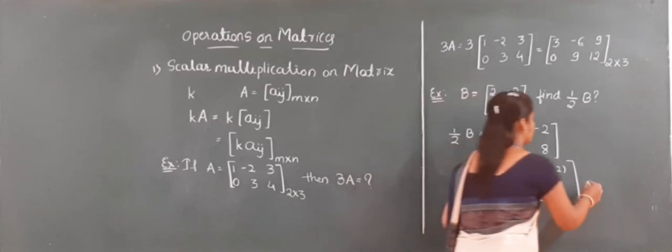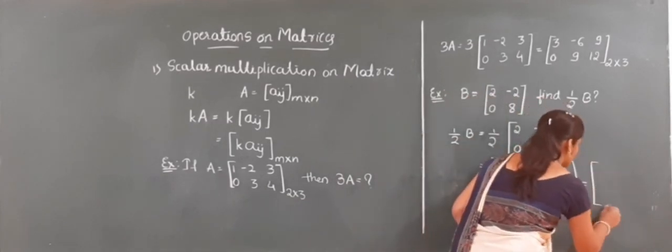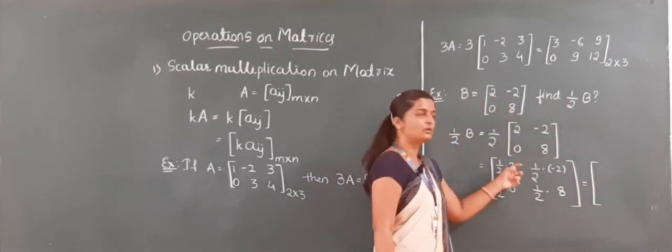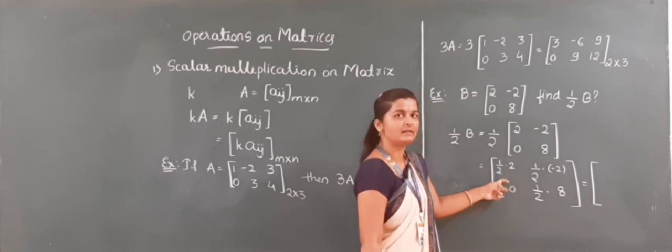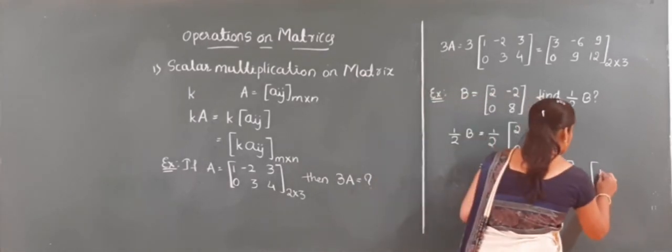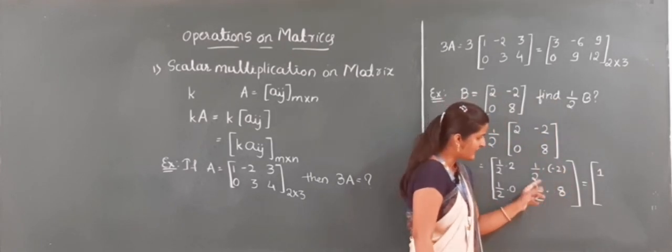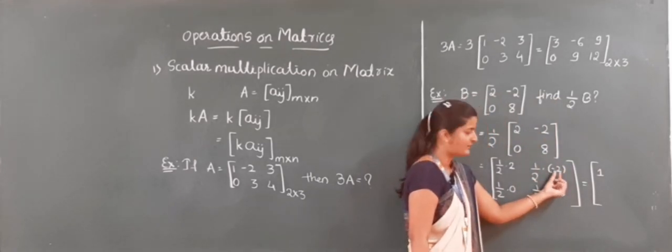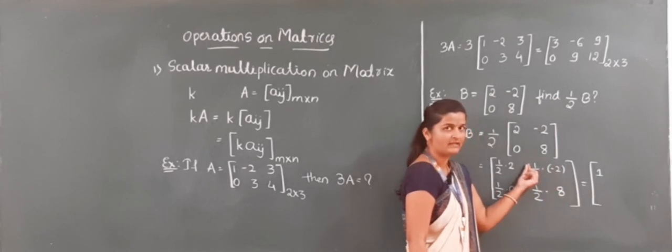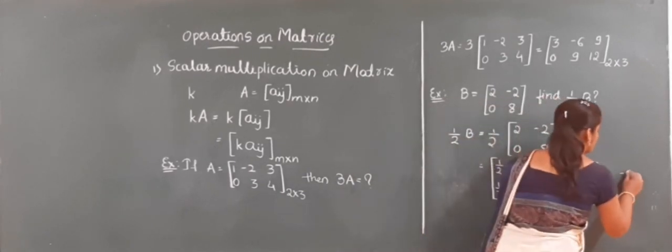What will be the answer? See here, 1/2 into 2, the 2s cancel, what remains? Only 1. And here 1/2 into minus 2, the 2s cancel, but minus 1 remains.